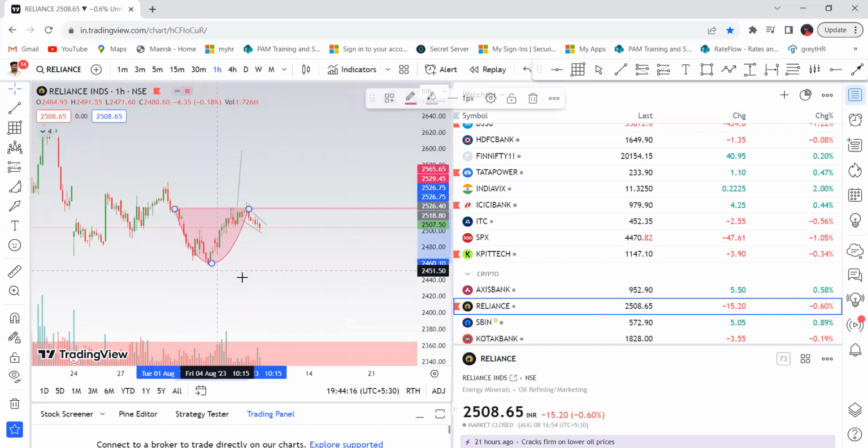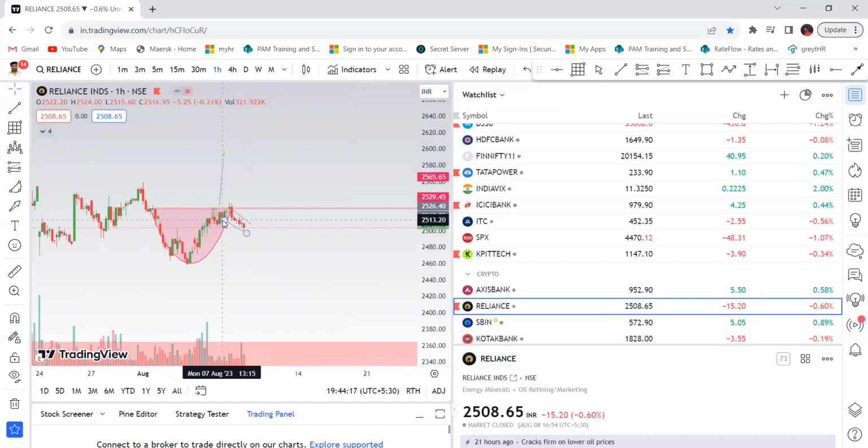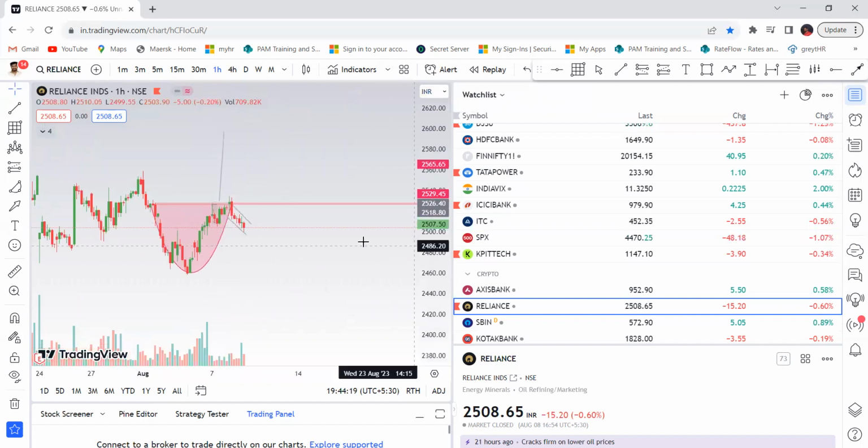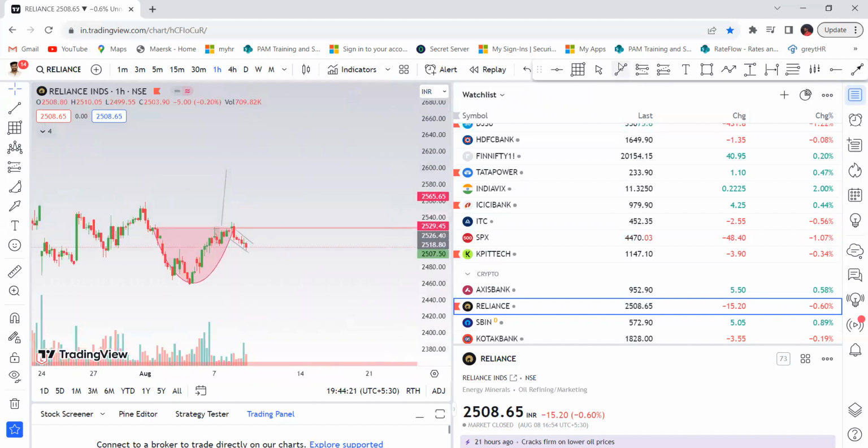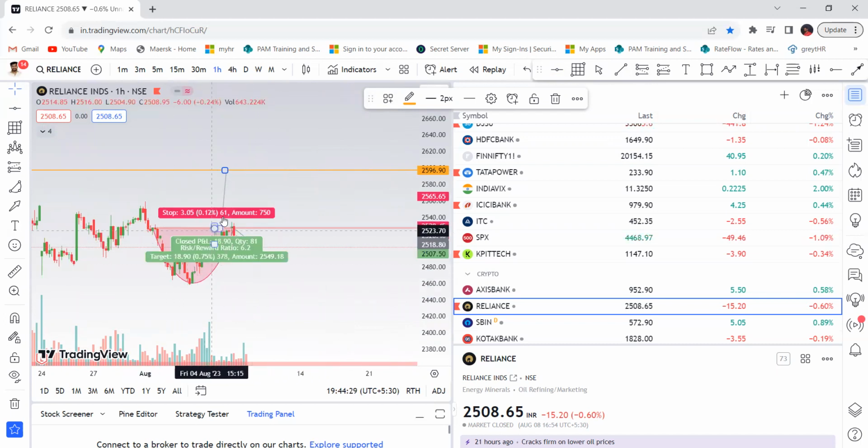So you can watch the Reliance stock. It's forming a cup and handle in the 1 hour time frame. Even I'm just looking at it right now. So Reliance is about to make a move. If you are about to do swing trading, you can buy the Reliance share once it breaks the 2530 level. So it has formed the cup and handle.